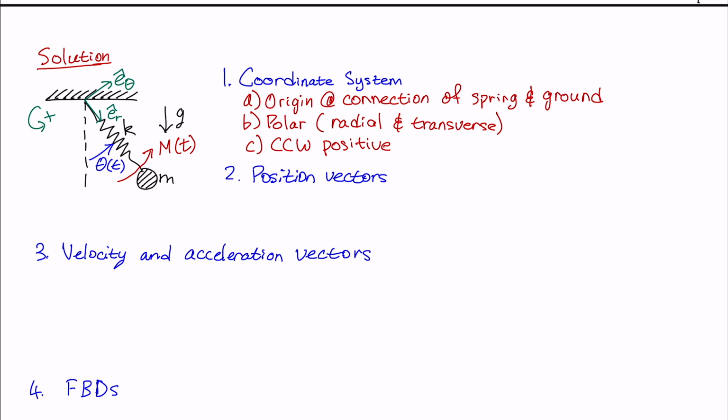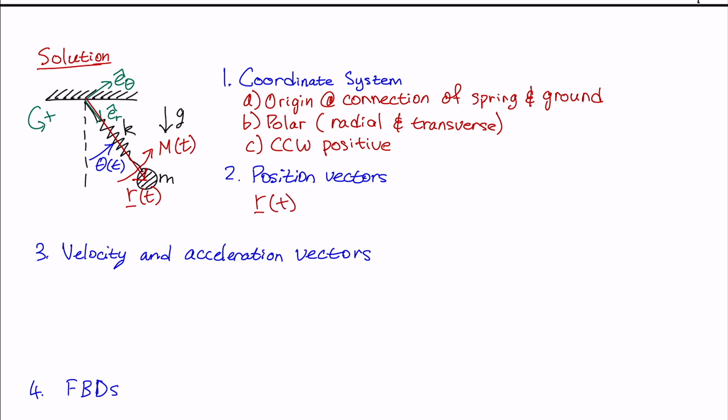We're then going to go and create position vectors. In this case, there's only one particle, so we only need to worry about that single particle. We'll draw a position vector from the origin to the particle. We're going to call this r vector of t. And then we're going to want to write out our r vector.